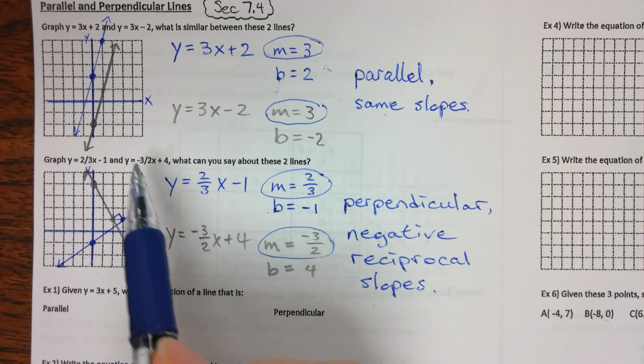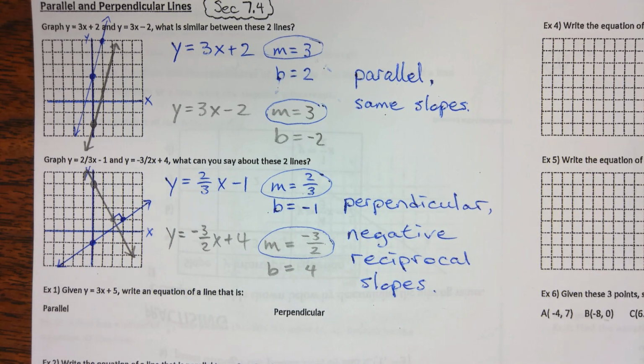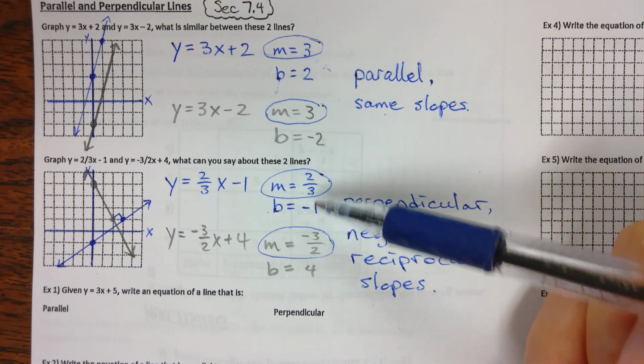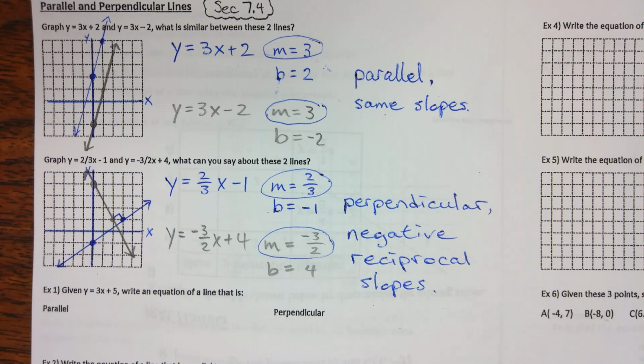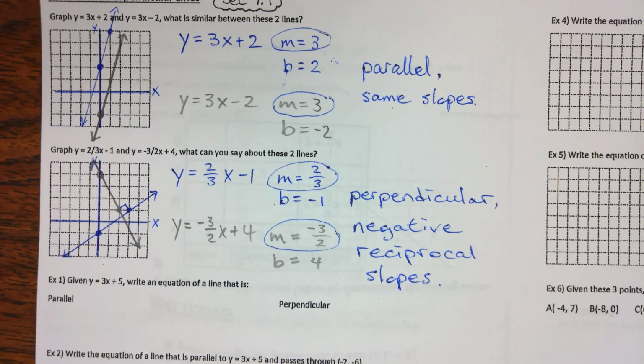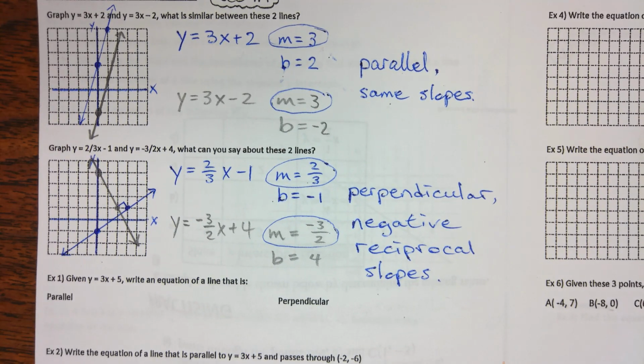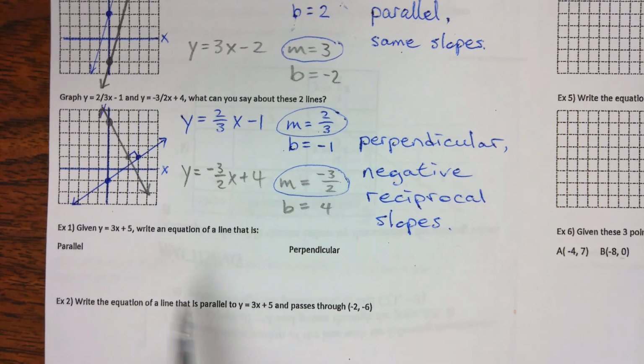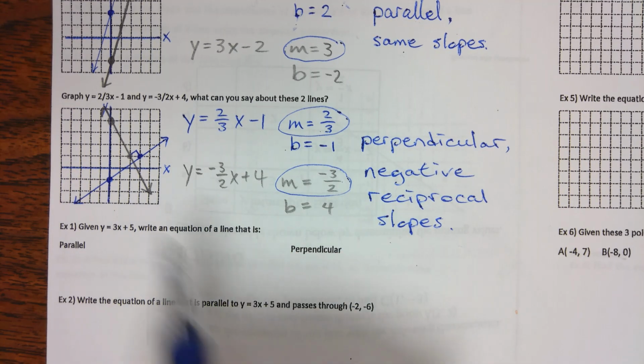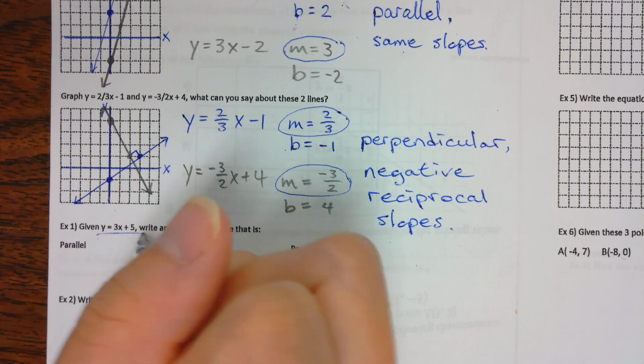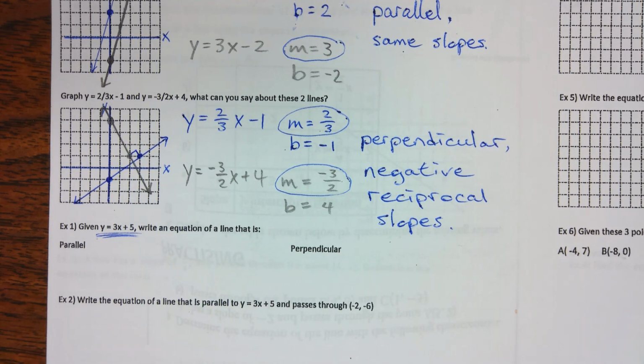I don't want to always spend time graphing. Even though it only takes about 30 seconds to a minute to graph, it still takes up time. So just looking at the equation, I can tell that they are parallel or perpendicular or neither. Okay, so right now in example 1 right here, I'm given the equation. I don't want to graph anymore.